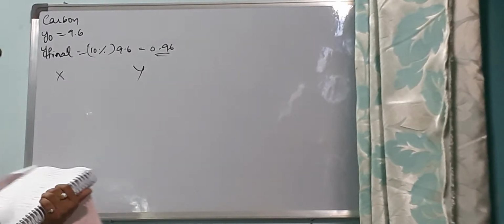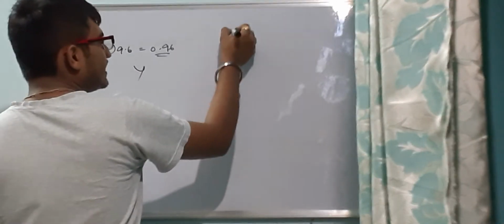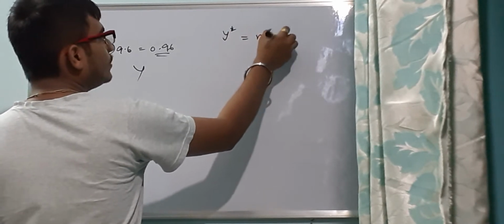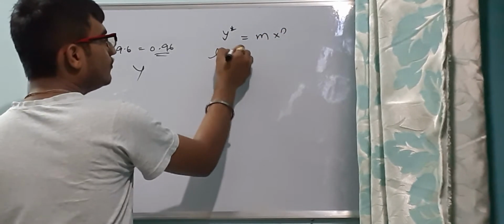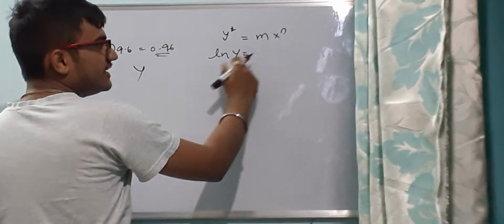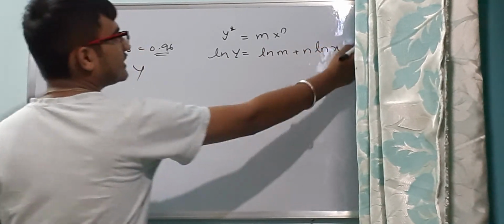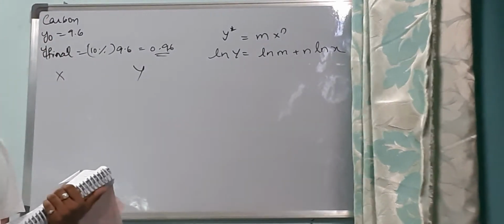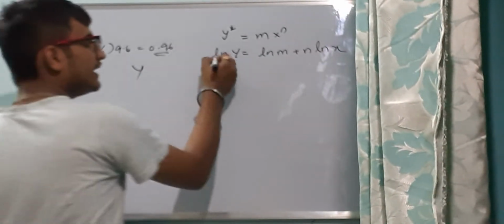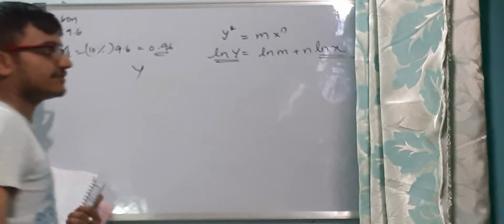Now for the Freundlich equation, what is that equation? Y star is equal to m into x power n. Apply ln on both sides. So ln y is equal to ln m plus n into ln x. So you have to plot a graph of ln y versus ln x.